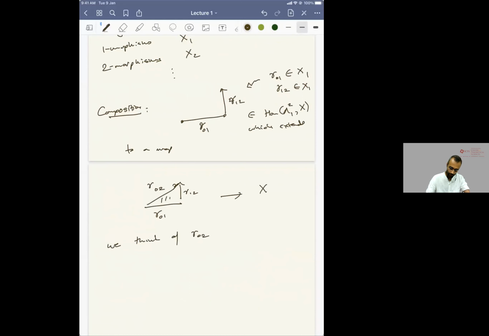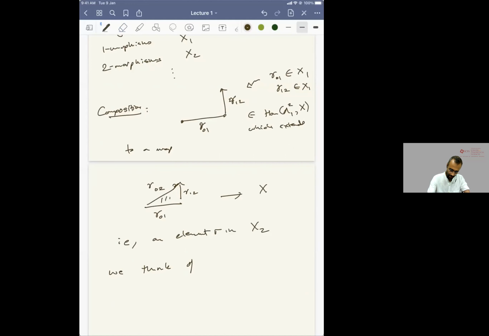And we think of gamma 0,2 as a composite. So more precisely, this is an element in X2, and if we call this element sigma... Oh, sorry, I made a mistake here.